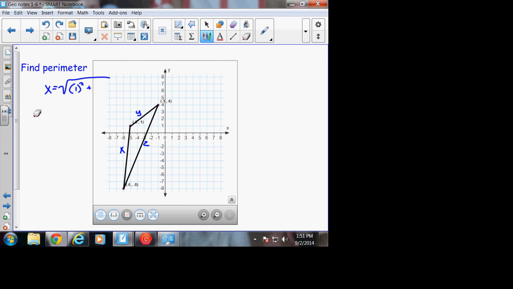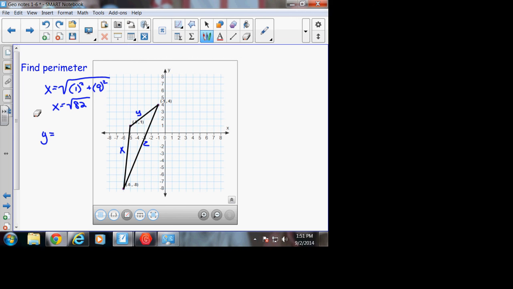And then we have 1 minus a -8, you get 9. What's 1 squared? 1. What's 9 squared? 81. What's 1 plus 81? 82. So x equals the square root of 82. Good job, Michael.